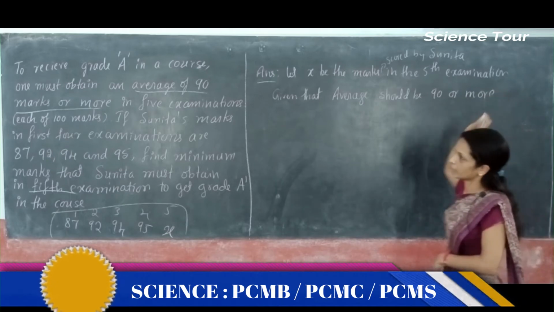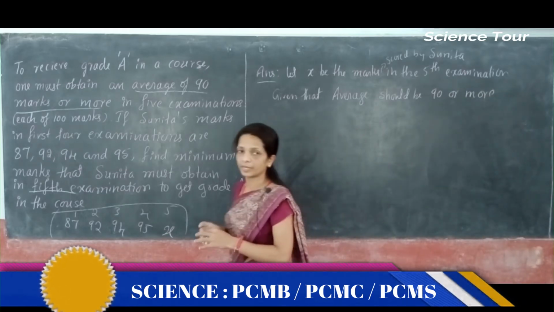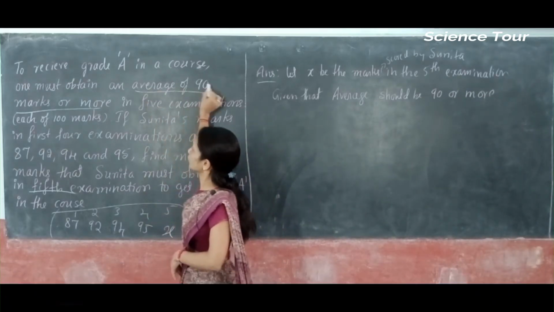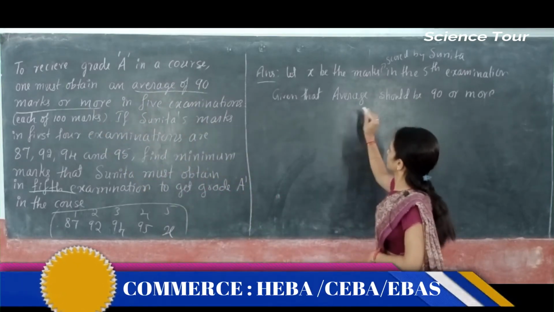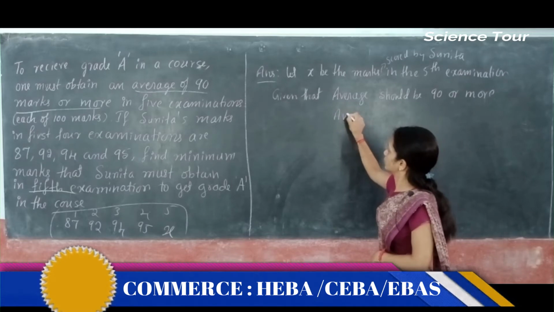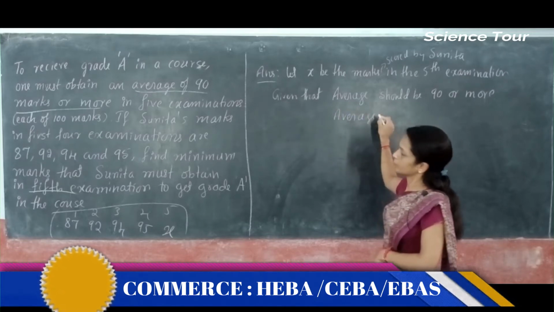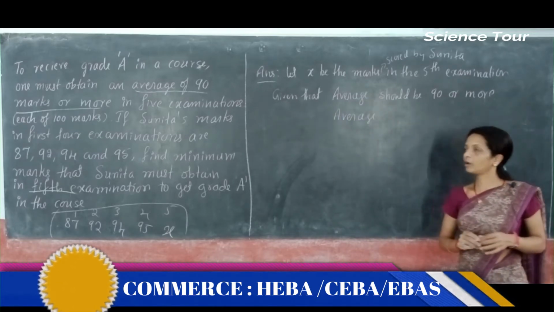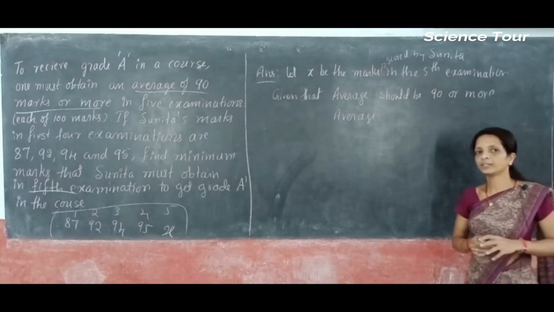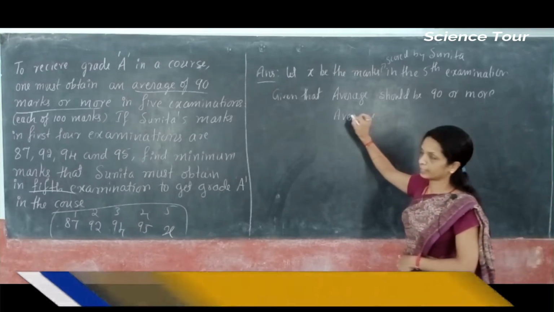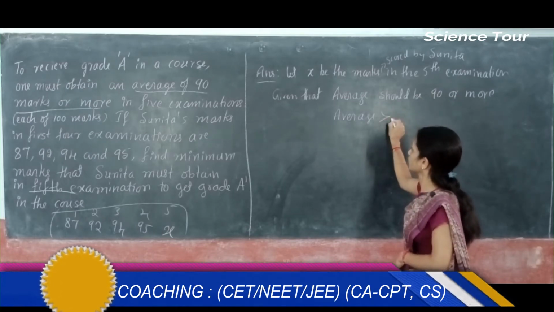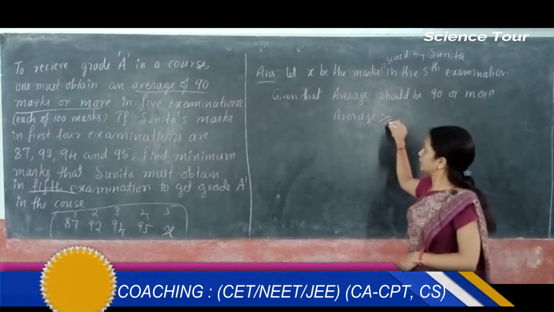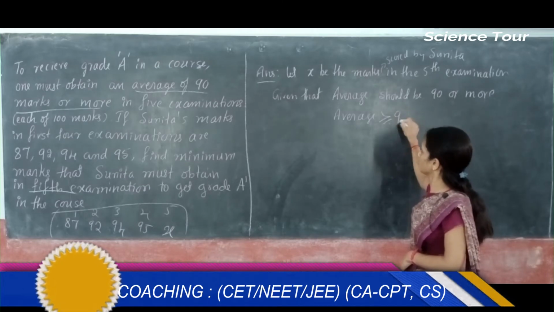Using that we are forming an inequality. Which inequality can we write? Average should be 90 or more, means greater than or equal to 90.